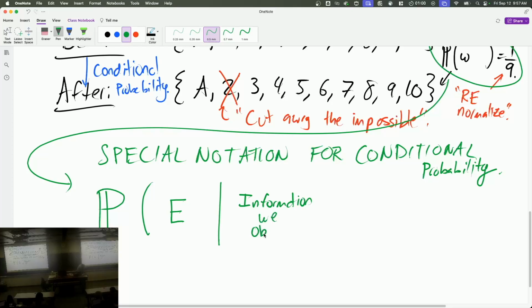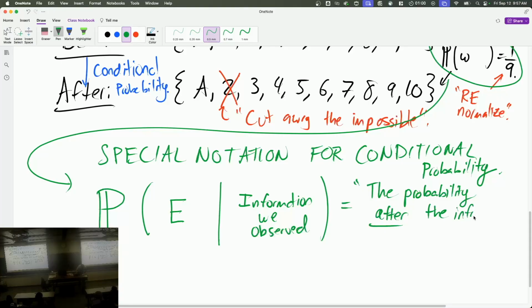And this stands for, so this notation, this is like symbols, and what does it mean? It means the probability after the information is observed.